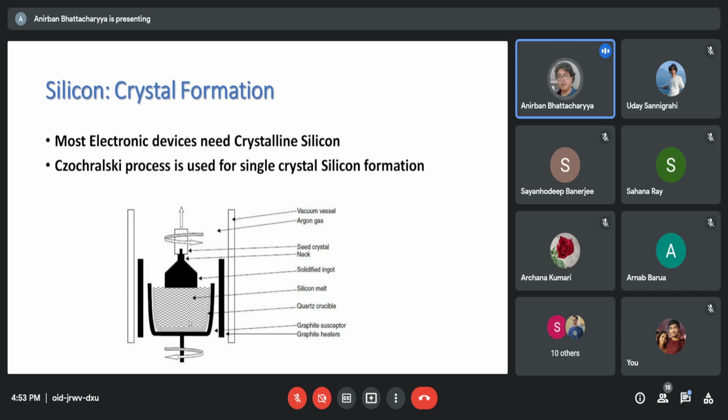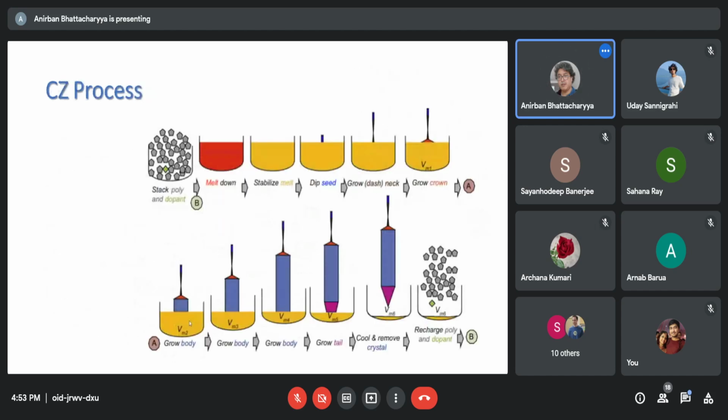Okay. Now let's look at what happens next. So here, let's look at this picture. Now it doesn't have all the extra drawings, but it shows you exactly what it is. First point is polycrystalline, and then second is melt, right? It has been melted. Now, can you see the dip seed?